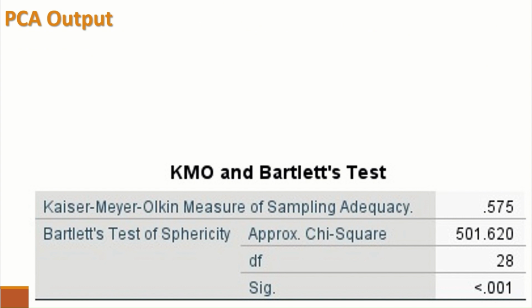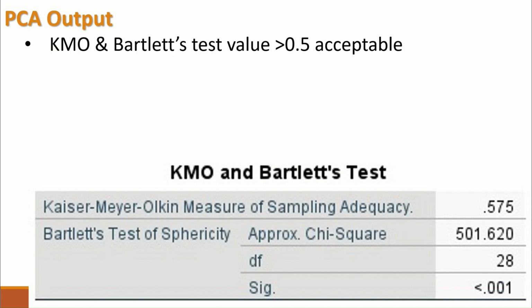The next slide shows an output for the KMO and Bartlett's test. The value for sampling adequacy needs to be greater than 0.5, and anything greater than 0.5 will be acceptable, but the higher the better. The p-value should be less than 0.05.